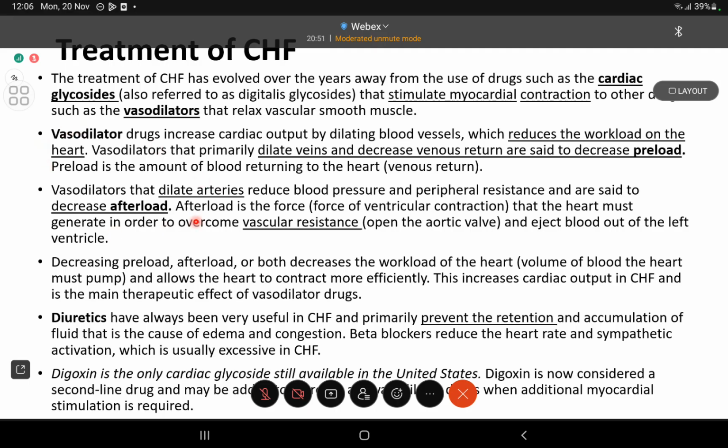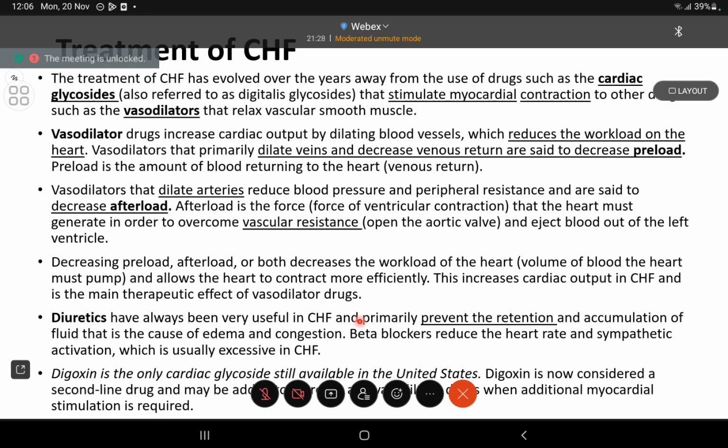Some vasodilators have an effect on both artery and vein. Some only focus on one blood vessel. Okay, so now quite clear, isn't it? So why do we want to use a diuretic? When you have heart failure, you are not able to pump a sufficient amount of blood to the kidney to excrete the extra fluid or water from the blood.